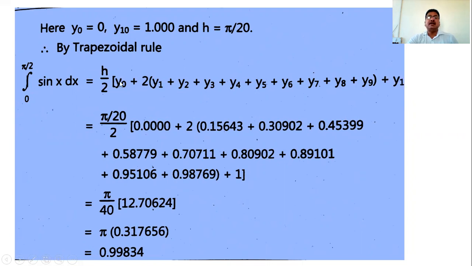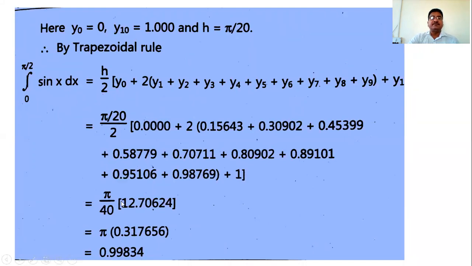In the first round bracket, write Y0 plus Y10, plus 2 times the addition of the remaining ones: Y1 plus Y2 plus Y3 up to Y9. So this is the trapezoidal rule: h by 2 in a square bracket, first the round bracket Y0 plus Y10, and then 2 times the addition of the remaining, and then substitute the values and find the answer.